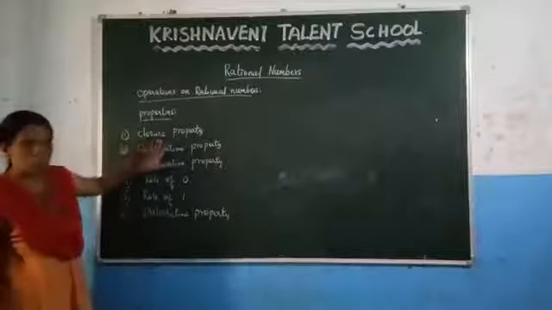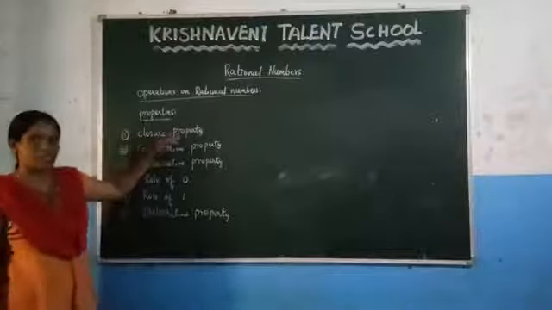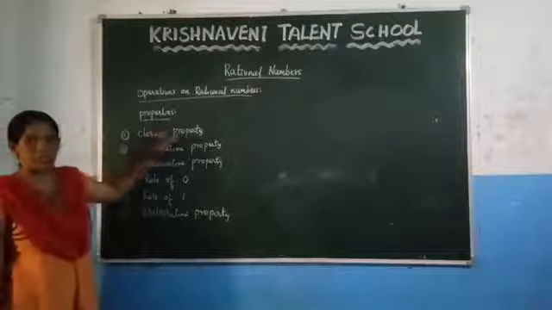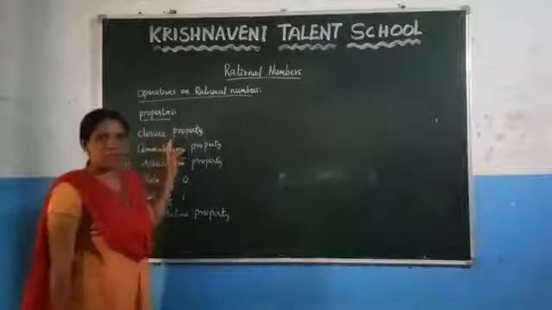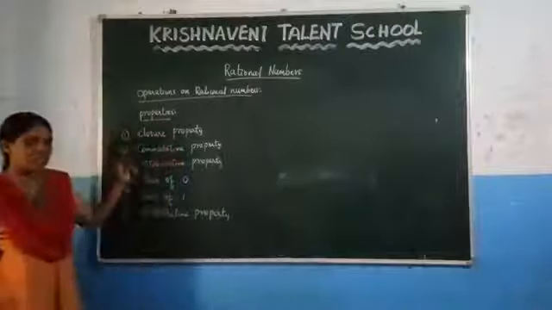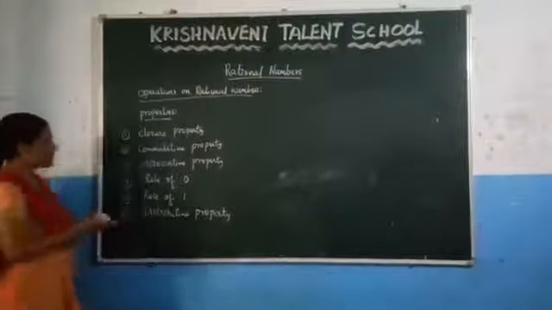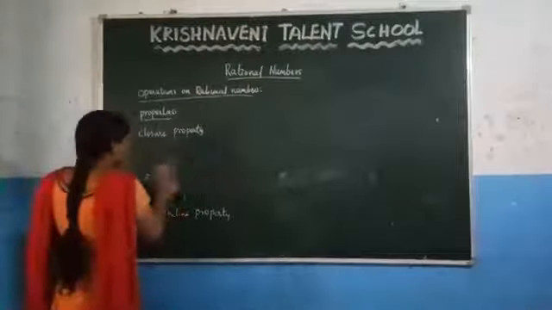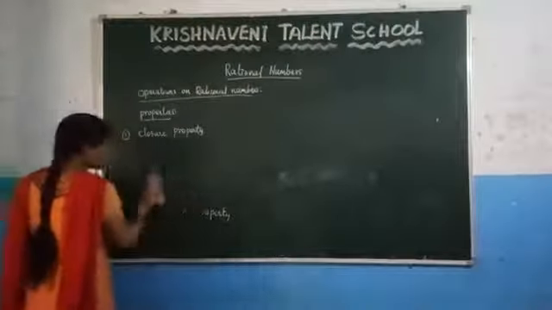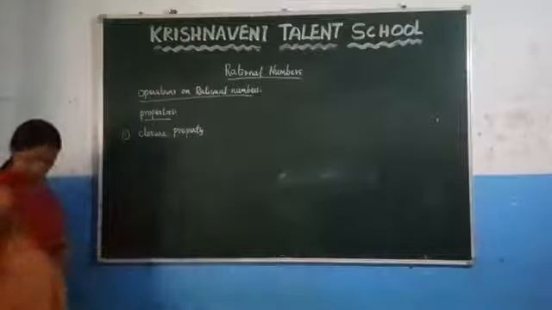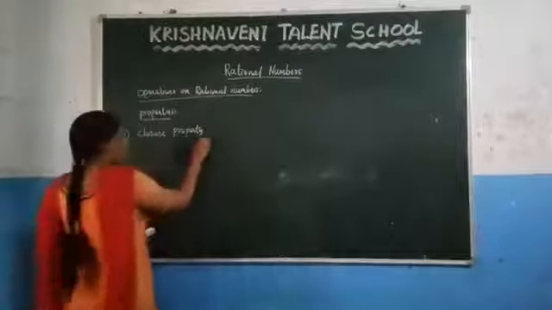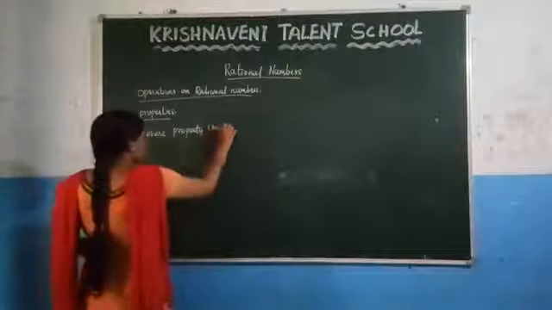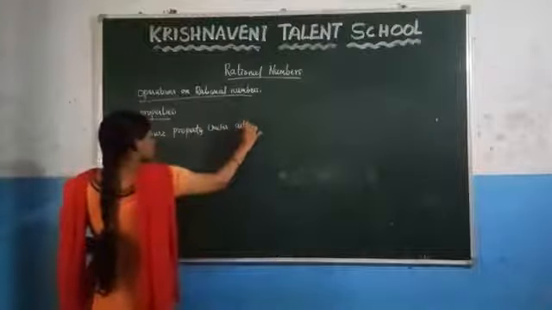The first one is the closure property, and we are going to discuss the closure property under addition, subtraction, multiplication and division. Now let us discuss the first property, which is the closure property. Here we are going to discuss the closure property under addition.